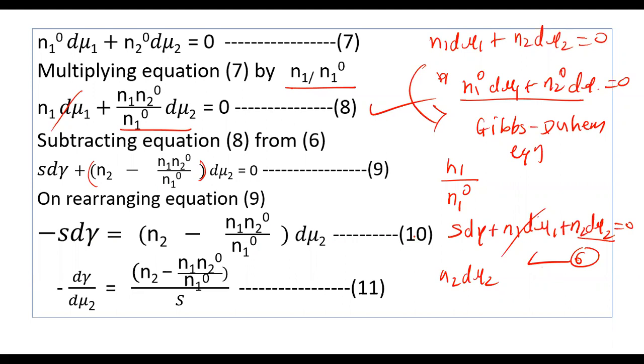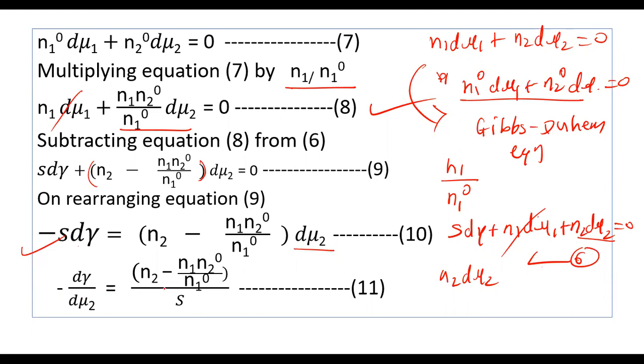Now we can write equation 10 in this way, taking d mu2 to this side. So d gamma upon d mu2, and S will be on this side, with the negative sign. So it is N2 minus N1 into N20 divided by N10, divided by S. So d gamma upon d mu2 is equal to this, just a modification of the equation.